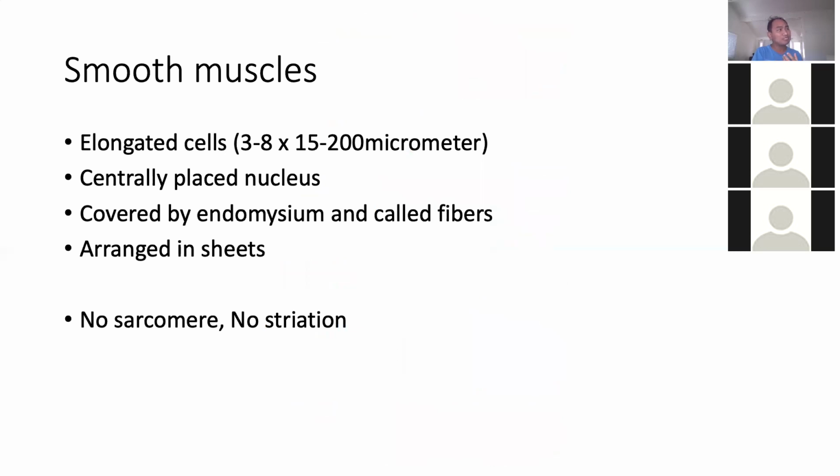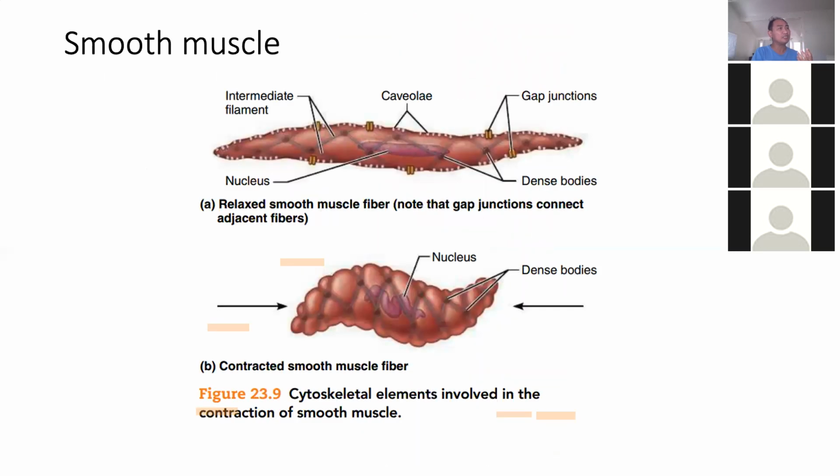But our smooth muscles are elongated small cells. Look at that, it's just like a little fish, elongated cells. Just because they are elongated, they are also called smooth muscle cells or smooth muscle fibers.